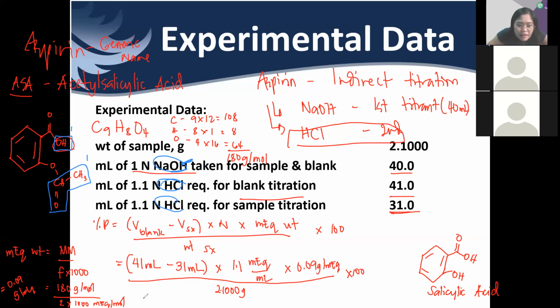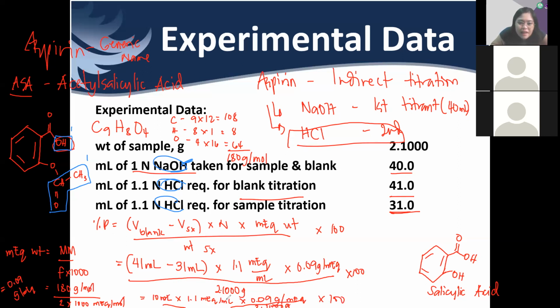And then, let's do the math. 41 ml minus 31, that's 10 ml times 1.1 MEQ per ml times 0.09 grams per milli equivalent, divided by 2.1 grams times 100.